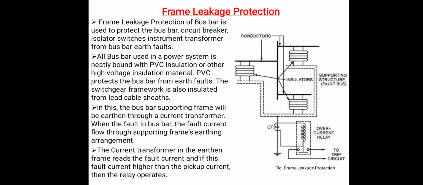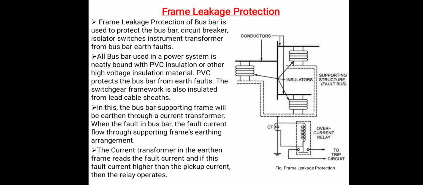Sometimes an impedance is connected in the earth connection to limit the short circuit current during line to earth fault. Also, it is necessary to isolate the switchgear framework from lead cable, cable boxes, and other things so that when a leakage to the framework occurs, the only path for the leakage current is through the connection from the framework to earth.